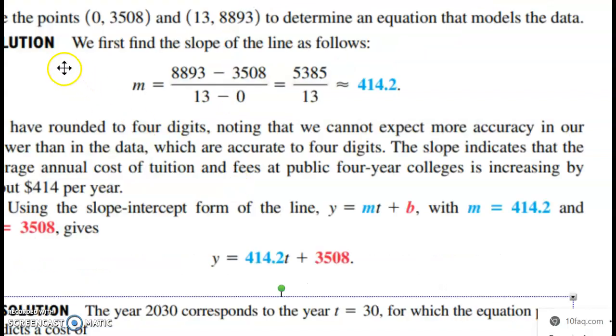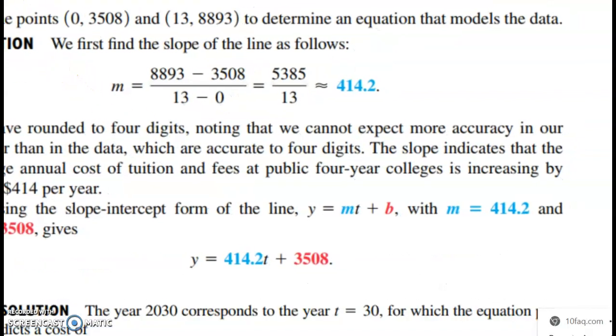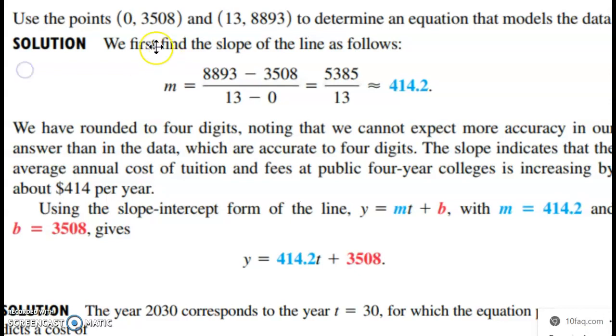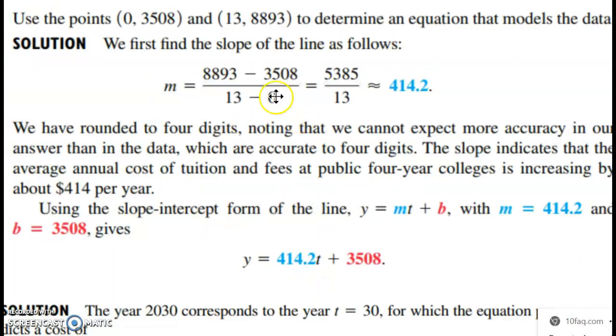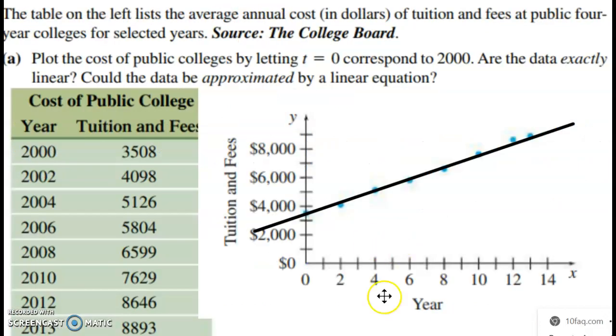First we're going to have to find the slope. They chose to use these 2 points, 0, 3508, right here, and in the year 2013, 8893. So they were using the first point and the last point.